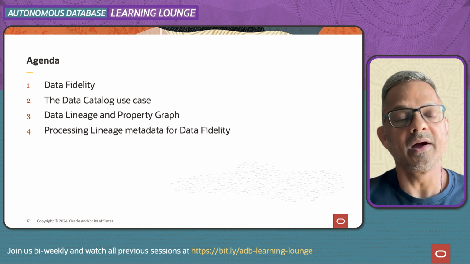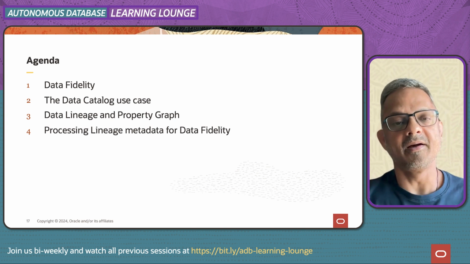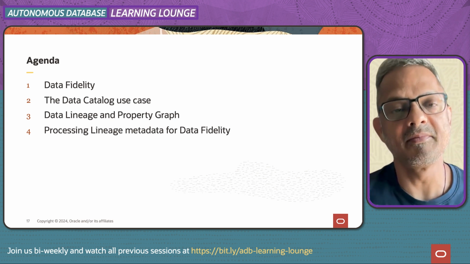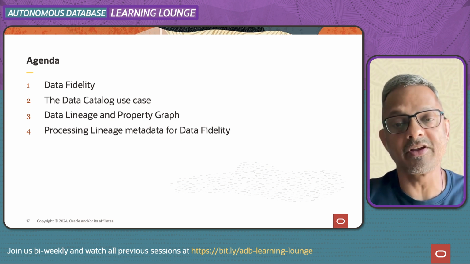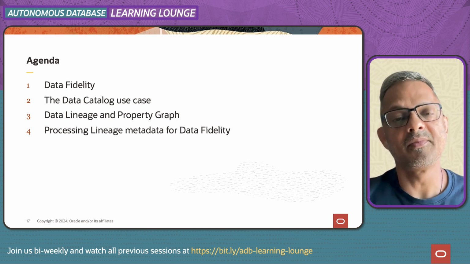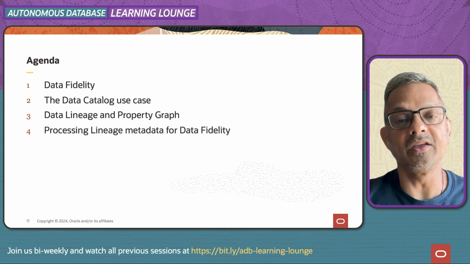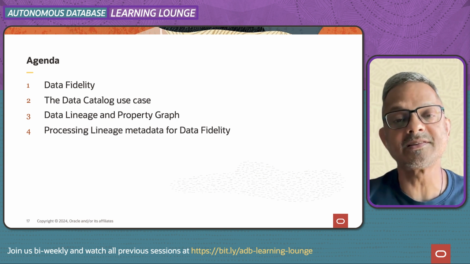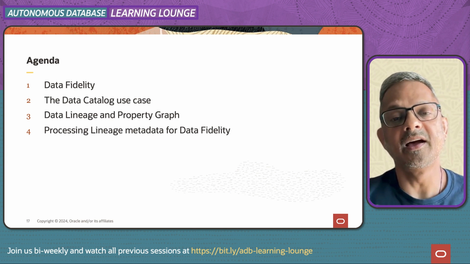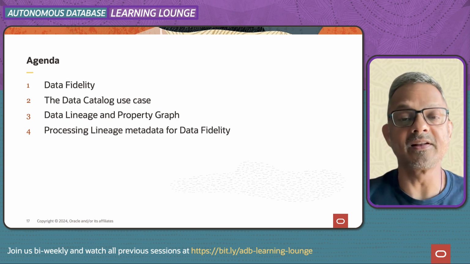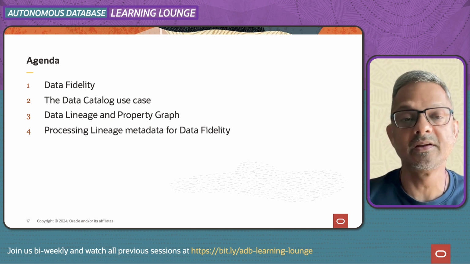I also want to spend some time explaining how we leverage the property graph for data lineage, and then talk about the use of large language models and neural search in answering data fidelity related questions to our customers.